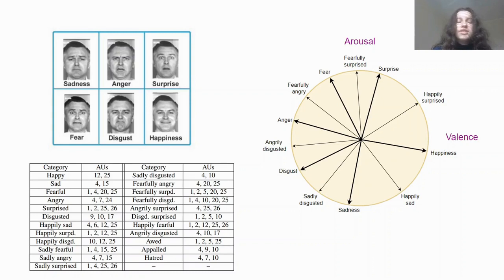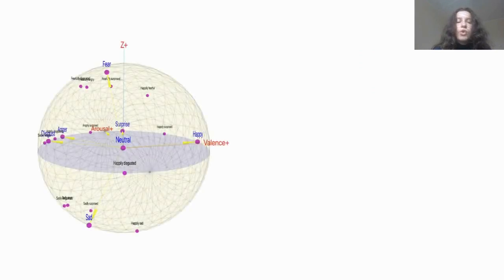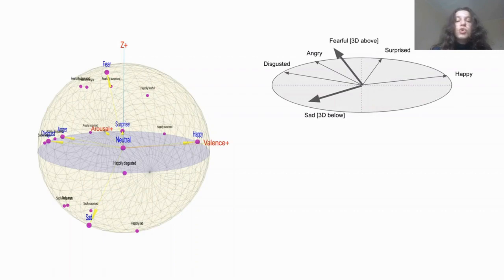Our model, called the C2A2 model, unifies all 4 models, categorical, compound, arousal valence, and action units, into one. So how do we construct our model? We use the idea from the arousal valence model, but we leave the vector for one of the emotions above the plane, we chose fear, and we lower the vector for another one of the emotions down, we chose sadness.